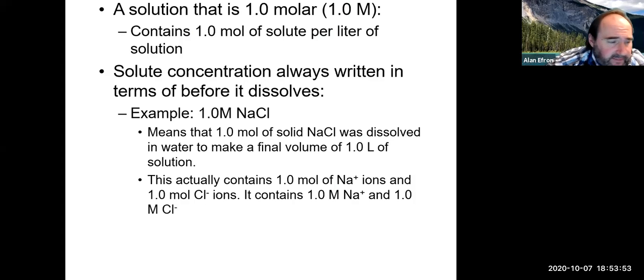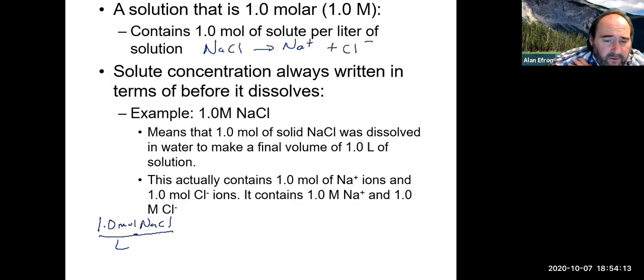When we look at something like 1 molar sodium chloride, that means we have 1 mole per liter of sodium chloride. And as we did a little bit ago with our equivalents, when sodium chloride breaks apart into ions, we have 1 sodium ion and 1 chloride ion. So if we do that conversion like we did with our equivalents, for every 1 mole of the whole thing, we get 1 mole of just the sodium ions.